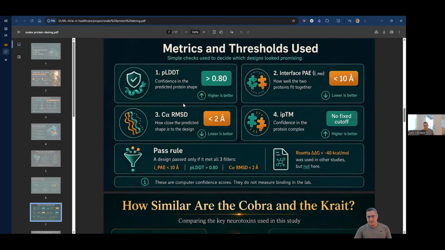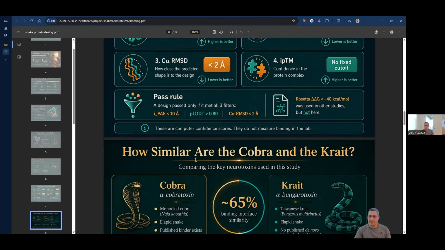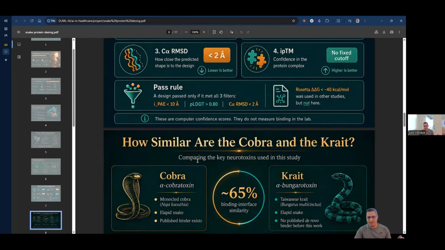Some of the metrics are here, and this is part of the computational filters for taking a protein to the lab whenever it passes all the filters. Normally it's having a PAE less than 10 and a pLDDT higher than 0.8. So this is part of the problem.